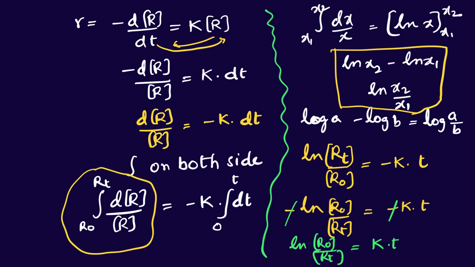Based on this equation, one more possibility is ln R concentration at t time is equal to minus k into t plus ln R naught concentration.